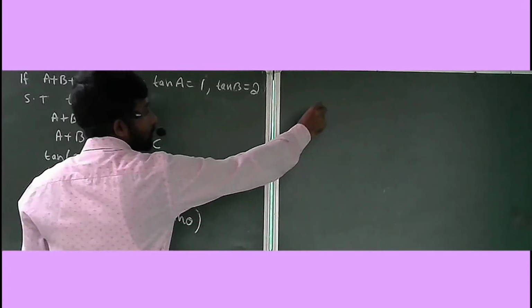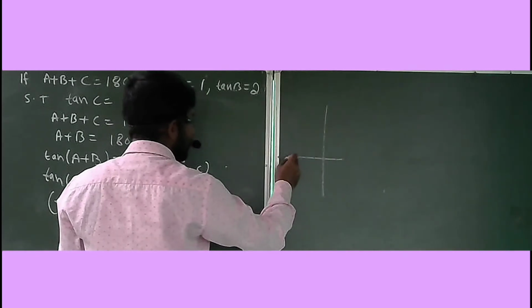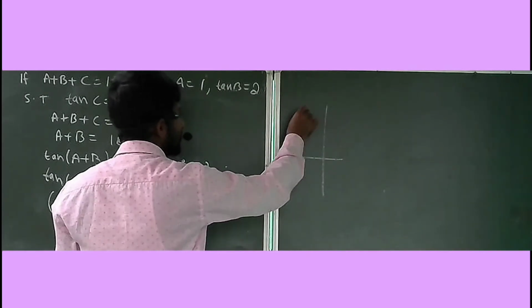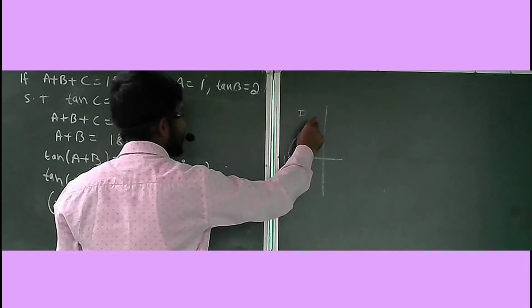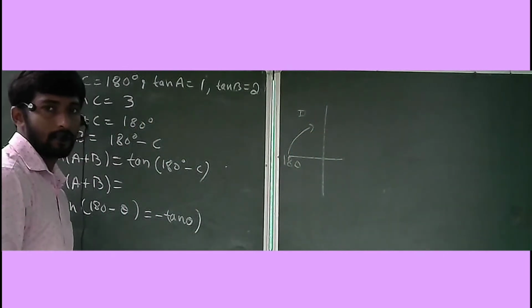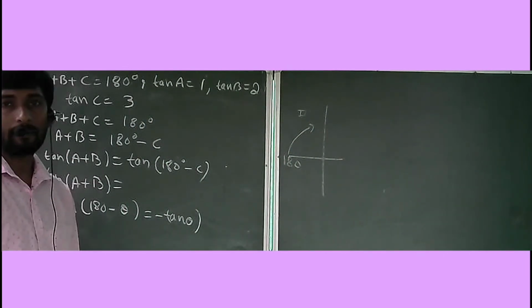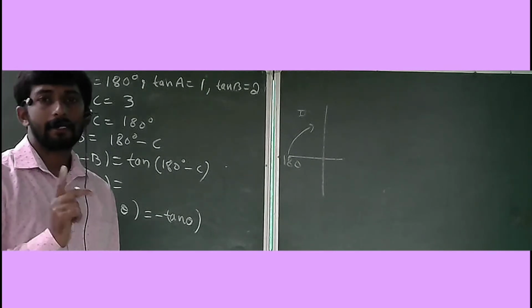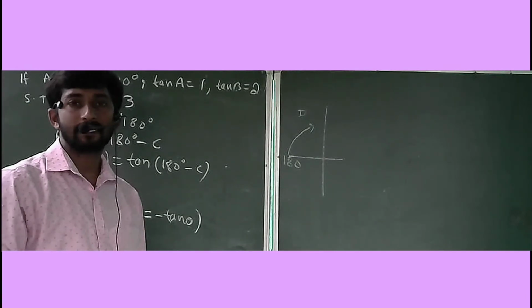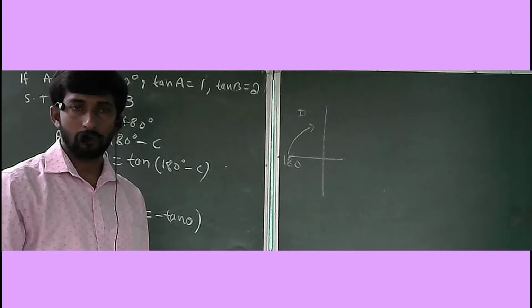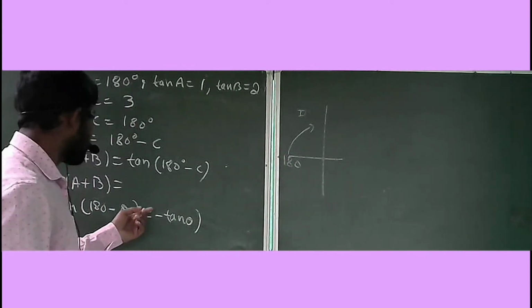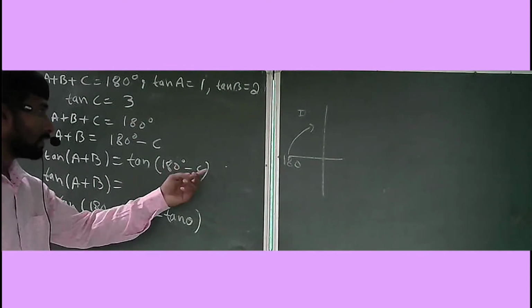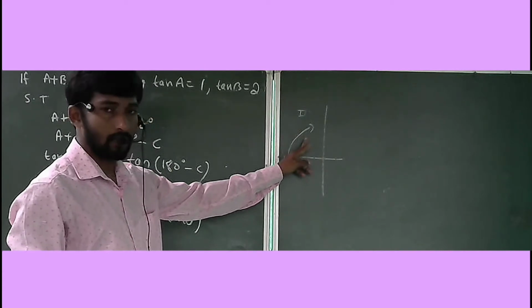Here see, quadrants, 180 comes in the second quadrant, right? 180 minus theta means second quadrant. In the second quadrant, which trigonometric function is positive? In the second quadrant, sine and its reciprocal cosecant only are positive.